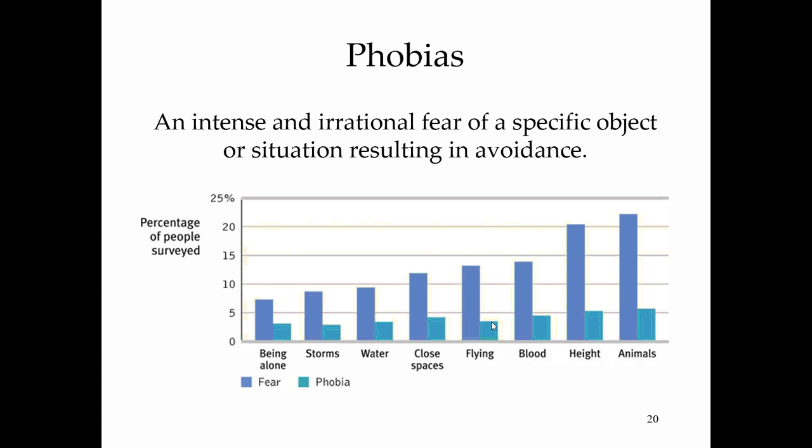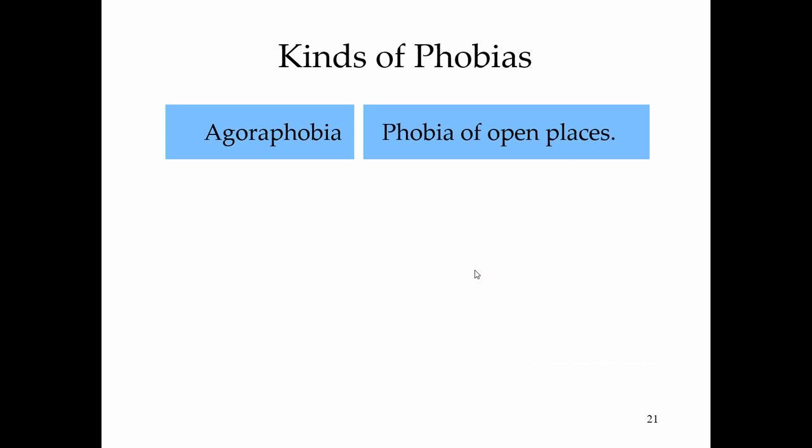It appears that in many cases, phobias are sort of exaggerated versions of normal fears that we might have. Some phobias are so common they actually have their own names, like agoraphobia, phobia of open places, being in a place where you couldn't get help, whether that's in a crowd or an open field somewhere.